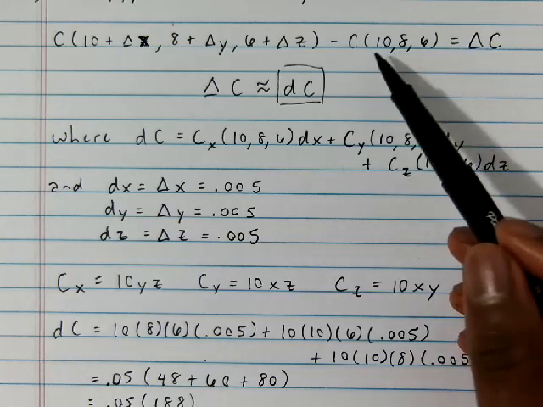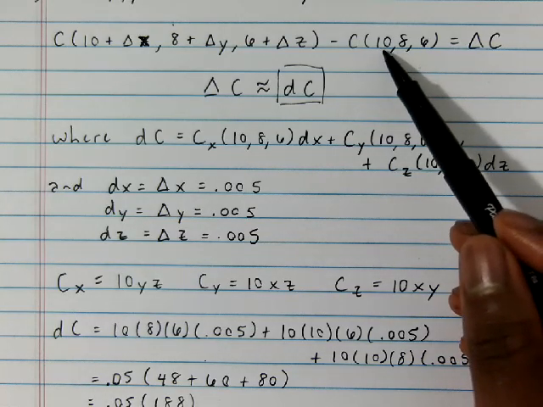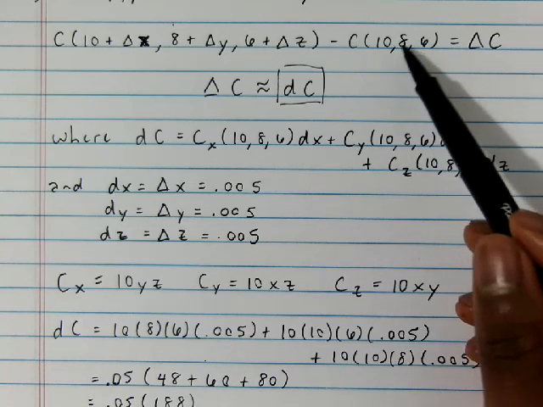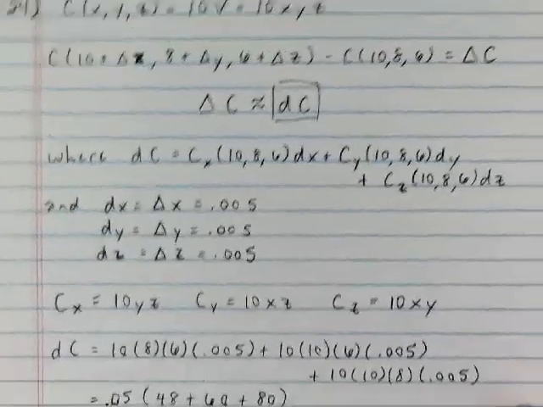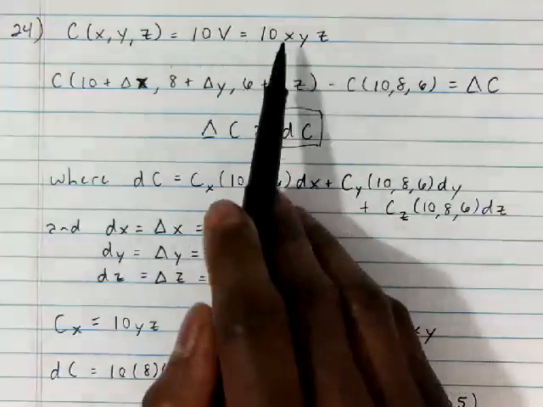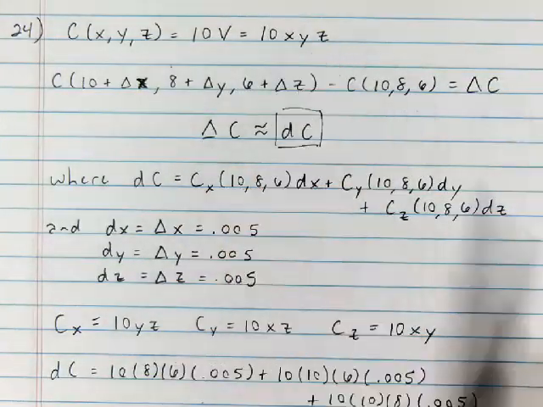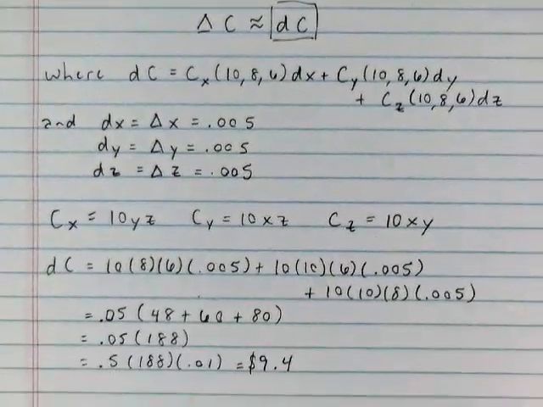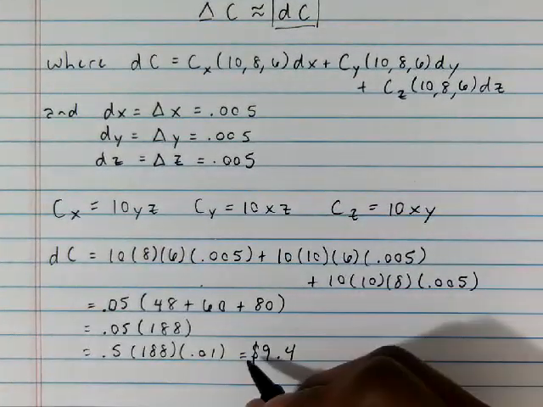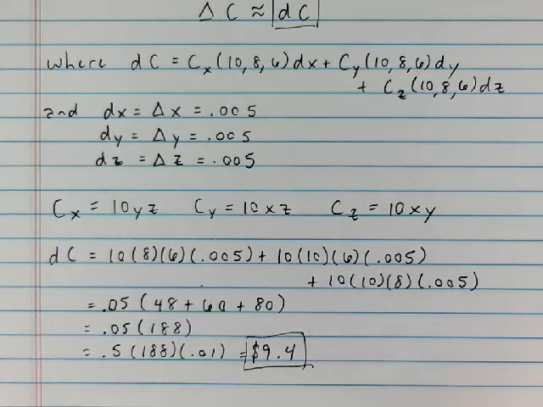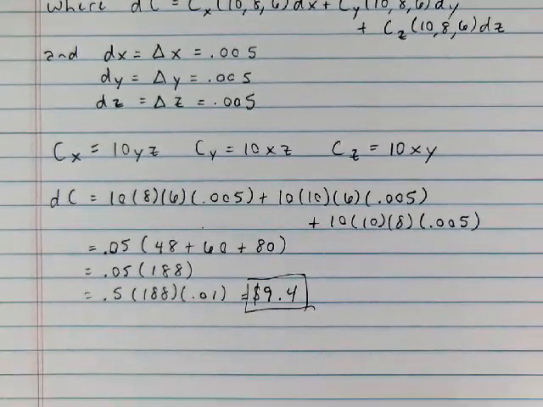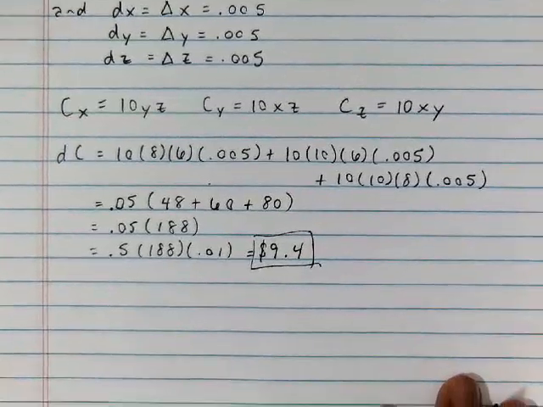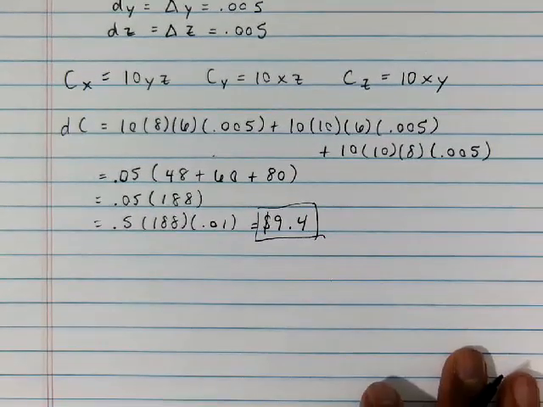It's just what corresponds to 10, 8, 6: C of 10, 8, 6 is 4,800, because this is probably a better thing to use, 10 times 10 times 8 times 6. So our answer would be $9.40.